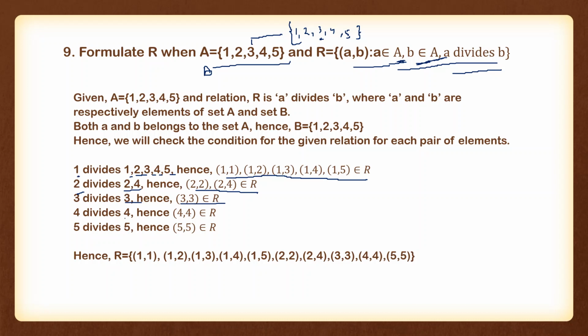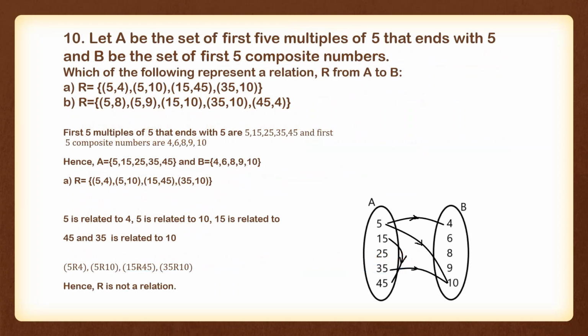Next is 4. 4 only divides 4, hence 4 4 belongs to R, and 5 also divides 5 only. So 5 5 belongs to R. Hence R is the set of all the ordered pairs 1 1, 1 2, 1 3, 1 4, 1 5, 2 2, 2 4, 3 3, 4 4, 5 5.